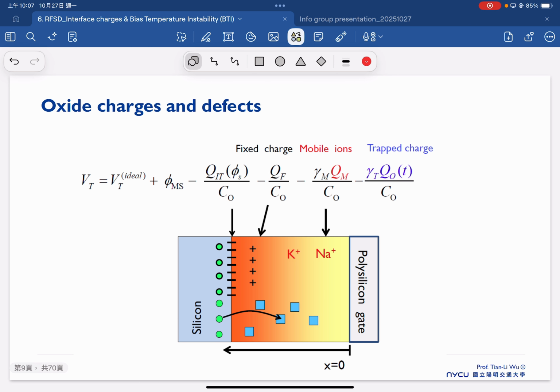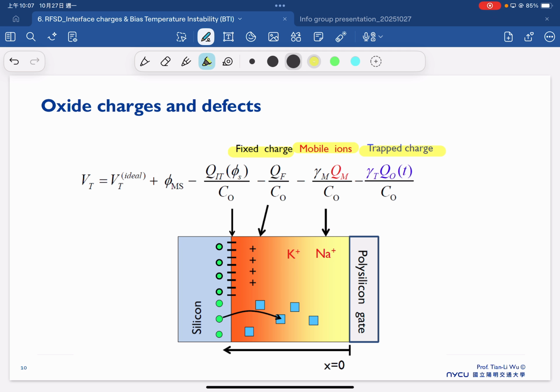In general, these 4 different kinds of charge influence the threshold voltage, as shown here. This is the typical equation related to the threshold voltage. Threshold voltage is not only related to the metal semiconductor work function or the surface potential. Sometimes it will be highly influenced by fixed charge, by mobile ions, by trapping charges.